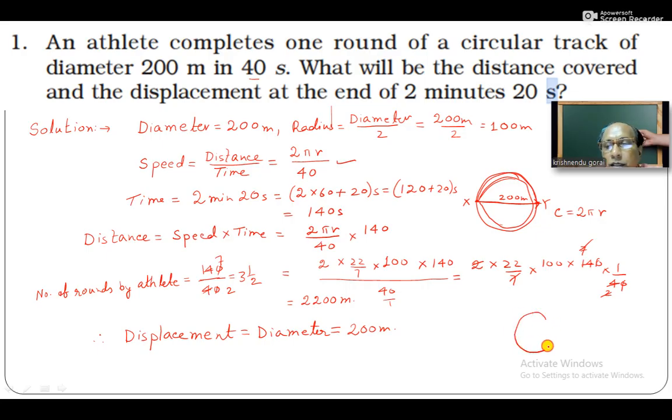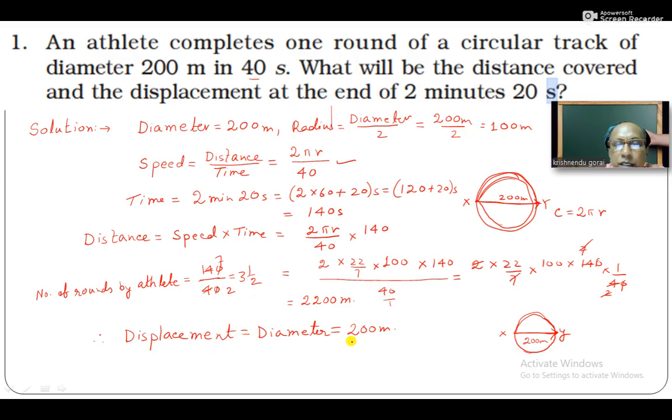Suppose this is the circle, right? The athlete starts from x. This is one complete round, second round, and this is the third round, and half means x to y. The final position is at y. Therefore, displacement is from starting position to final position, that is from here to here, x y. Therefore, the value of x y is 200 meter.